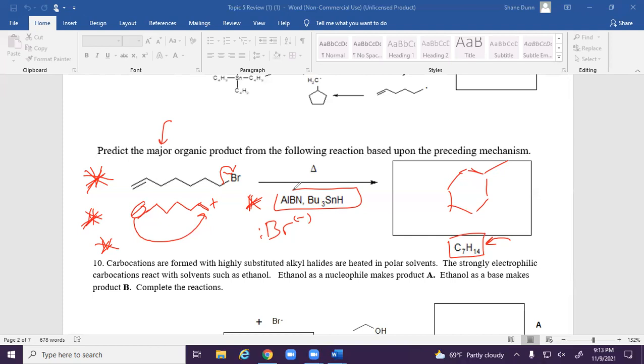Some of you are probably asking, why didn't we form heptane, correct? Does a carbocation want to be on a primary or secondary?